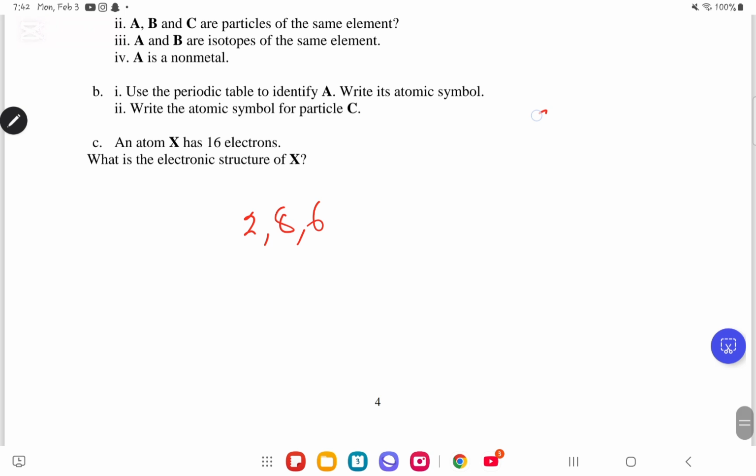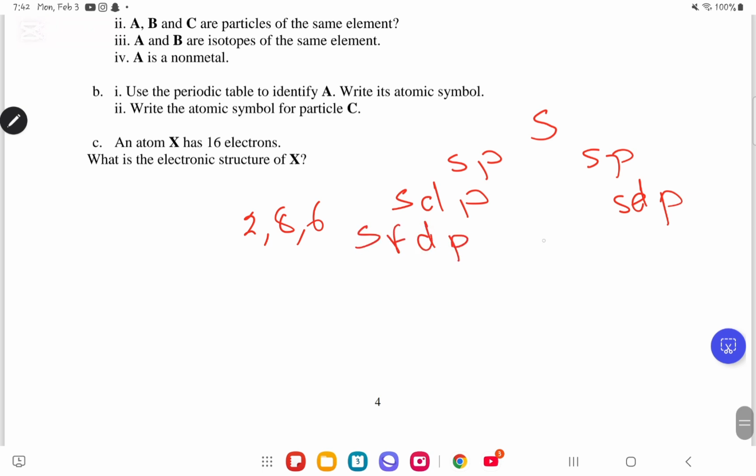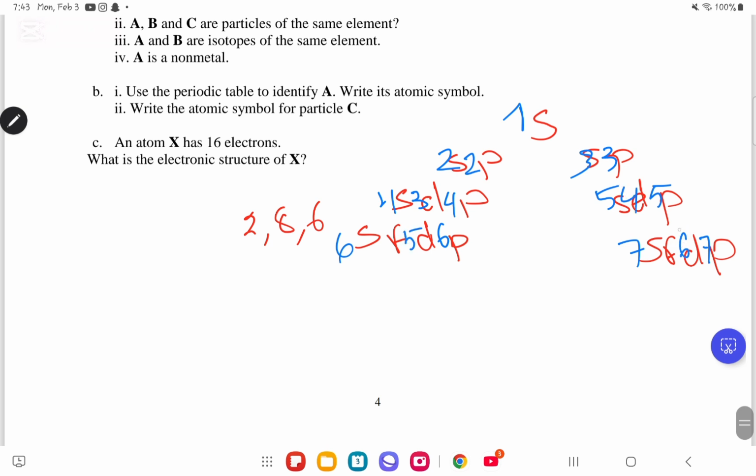It's not 2s on the top, it's 1s, then 2s, 2p, then 3s, 3p, 3d.